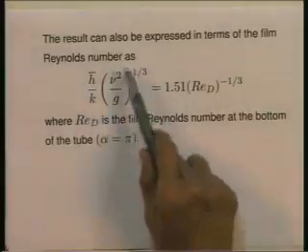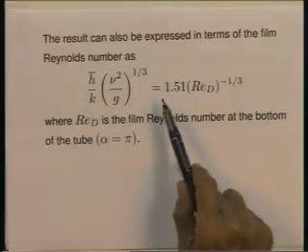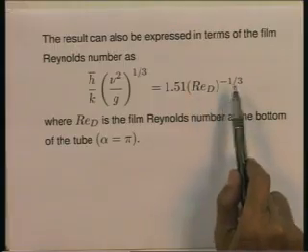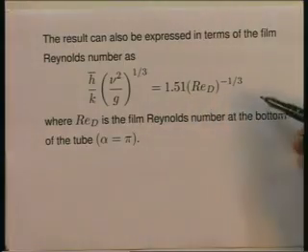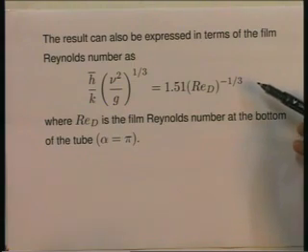The left hand side is the same as what we had for a vertical plate, is equal to 1.51 Re_D to the minus 1/3. Now, I would like you to derive this on your own. It should be possible, just as I asked you to derive the similar expression for a vertical plate on your own.